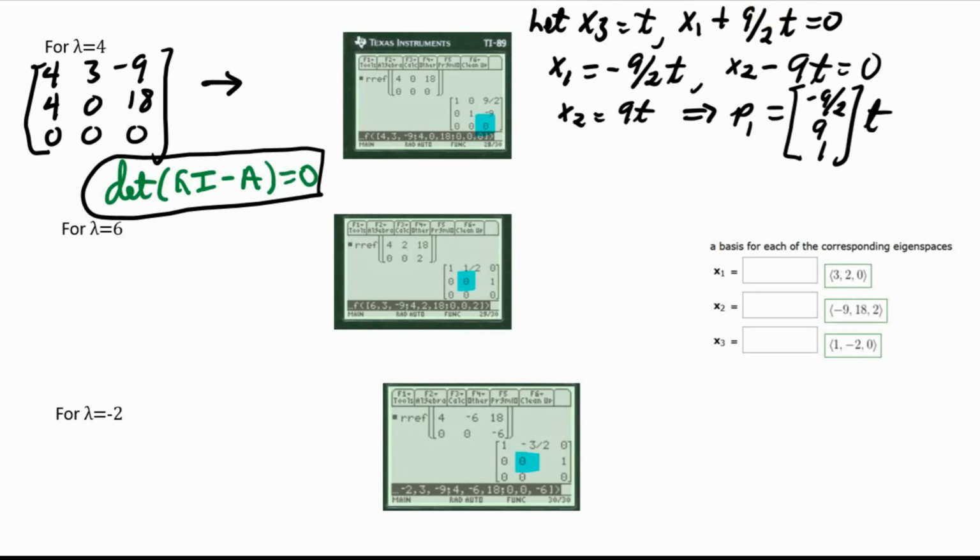But the values that we use are these guys here for the so-called eigenvector. So we pick p sub 1, and if you say t is equal to 2, then we can kind of smooth it out, basically get rid of the fraction. So here p is equal to -9, 18, and 2.